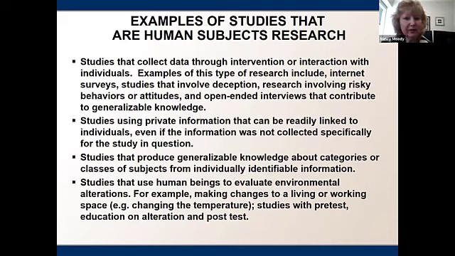Also studies using private information that can be readily linked to the individual, studies that produce generalizable knowledge about categories of subjects from identifiable information, and studies of human beings to evaluate the environment and alterations. So this could be a survey of 4-H children on an event, but when you do a pre-test, education, and post-test, it meets the category of human subjects research.